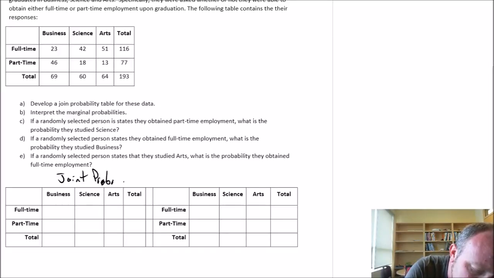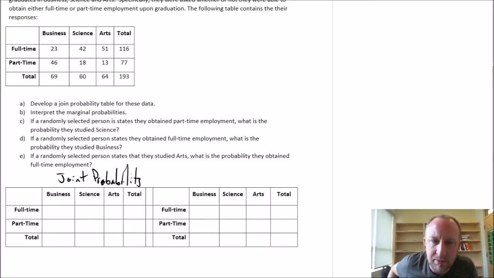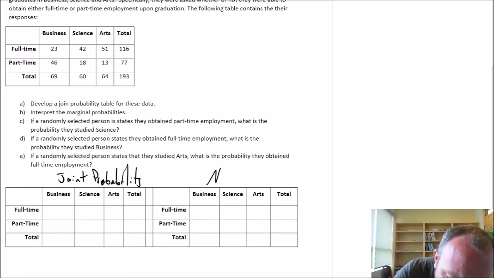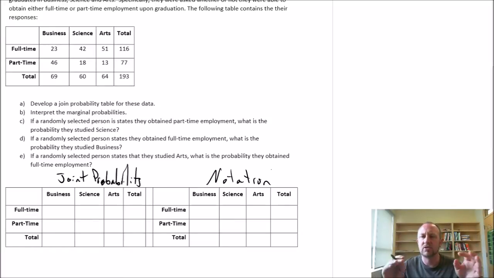Everything we put into that left table will be our solution for part A. Over here, this is just going to be a table of notation, just so that you can connect the dots between what numbers correspond to what notation. So before I fill in the numbers, let's go through the notation first.